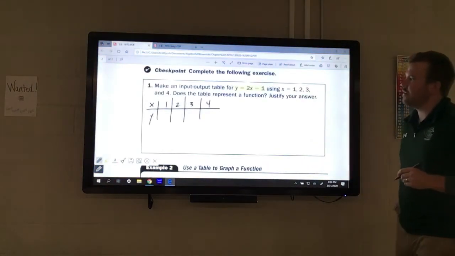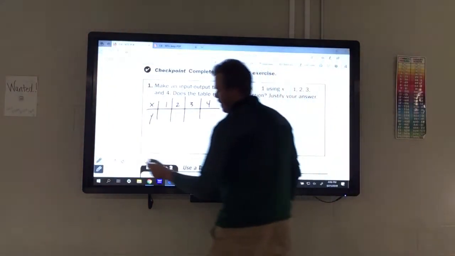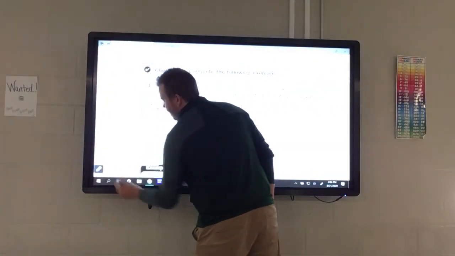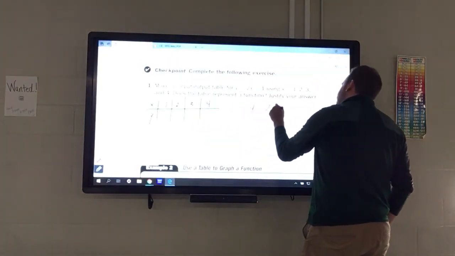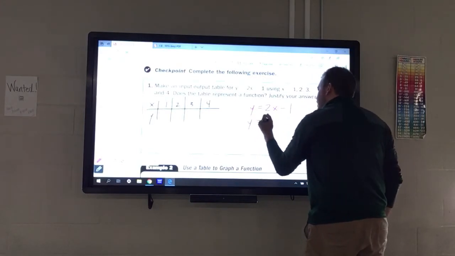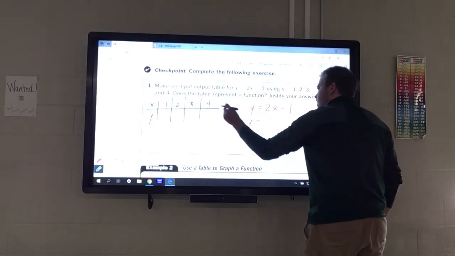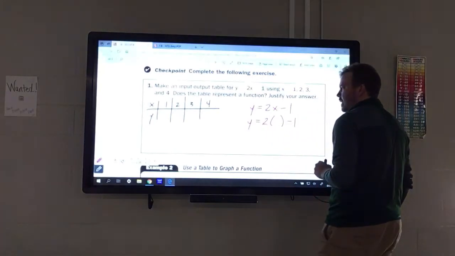And to figure out our y values, we're going to have to use this rule. So, like I said, our rule this time is y is equal to 2x minus 1. So what we're going to do is plug in the x values we have right here and solve from there.